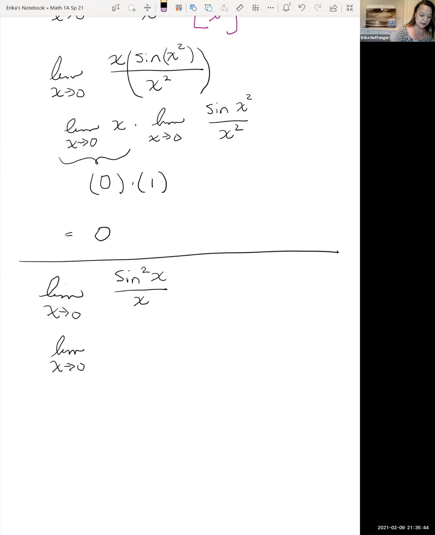Sine squared x is sine x times sine x, so we can rewrite it as the product all over x, manipulating it so that we get the form sine x over x.